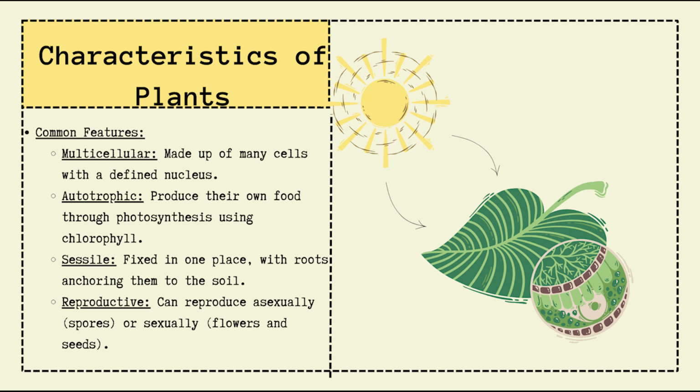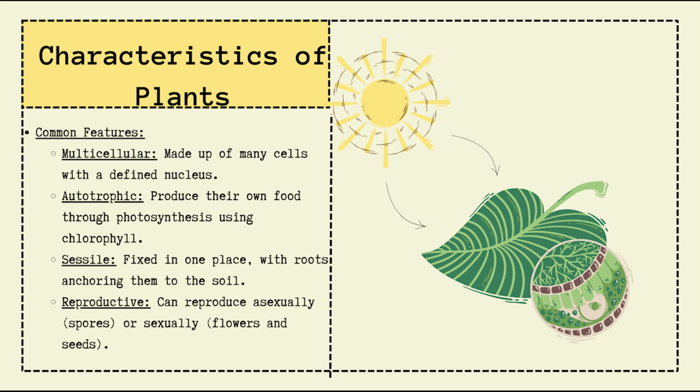Characteristics of plants. Plants have several unique characteristics. They are multicellular, meaning they are made of many cells with a nucleus. They are autotrophic, so they produce their own food using sunlight in a process called photosynthesis, thanks to a pigment called chlorophyll.